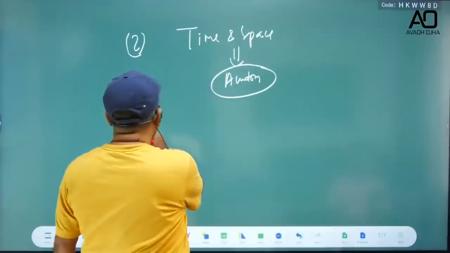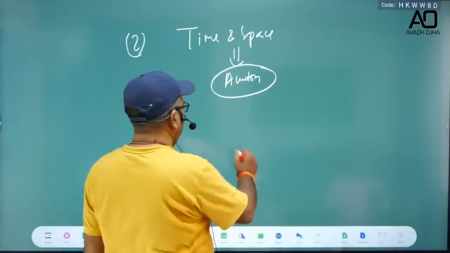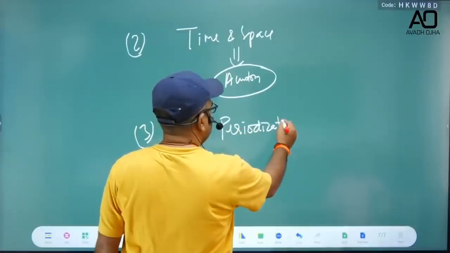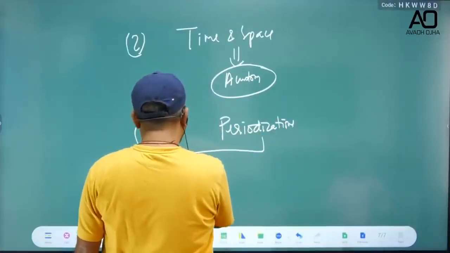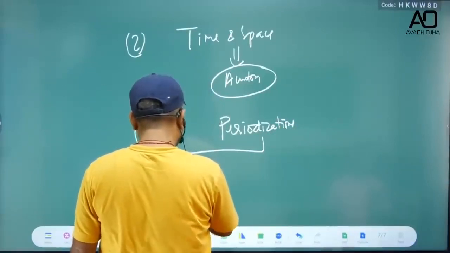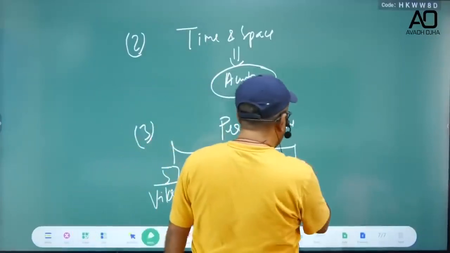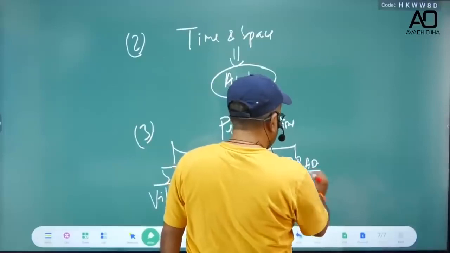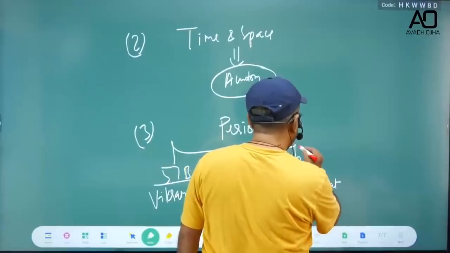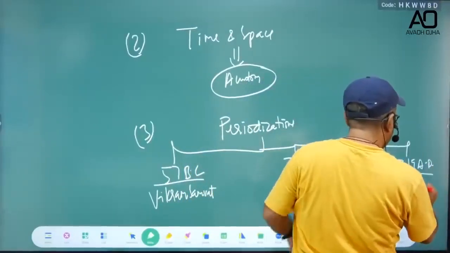Third, periodization. 57 BC, Vikram Samvat. 78 AD, Shak Samvat. 319 AD, Gupta era.